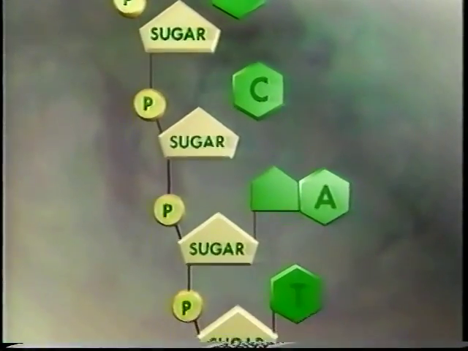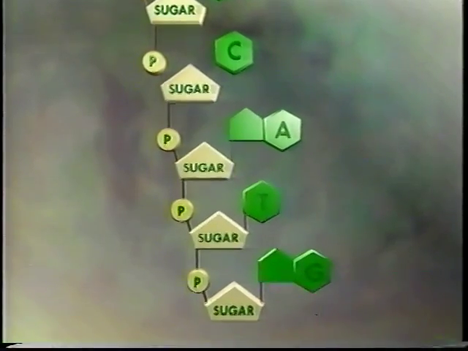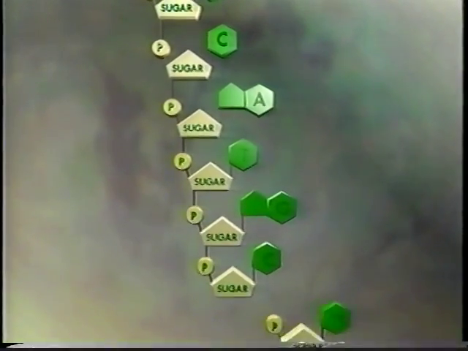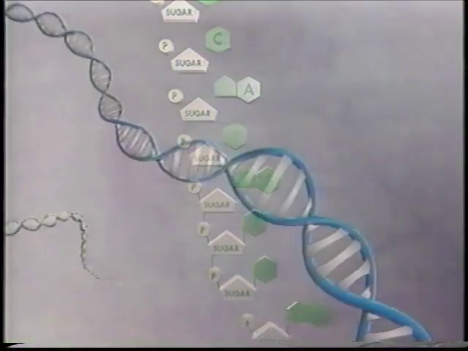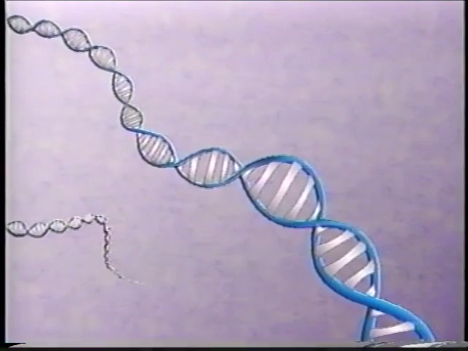Long chains of these units, called nucleotides, bond together to form DNA. 2 strands are twisted by hydrogen bonds into a molecule that looks like a spiral staircase. The exact sequence of the 4 bases forms the genetic code which determines the characteristics of all living organisms.